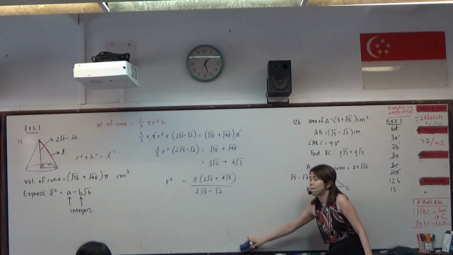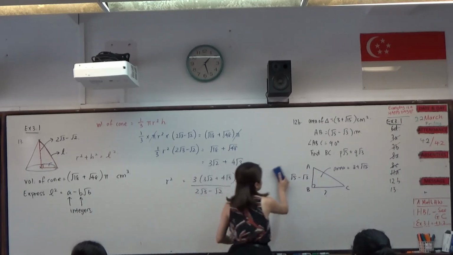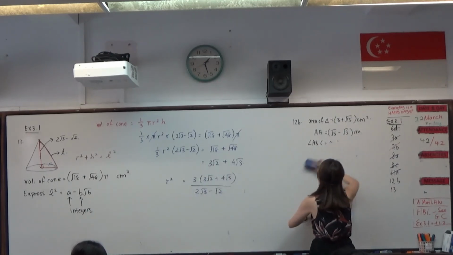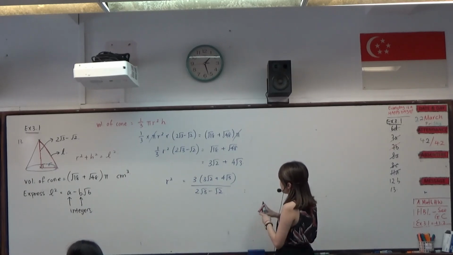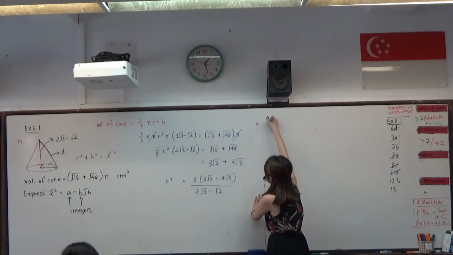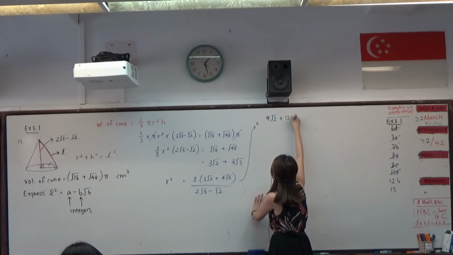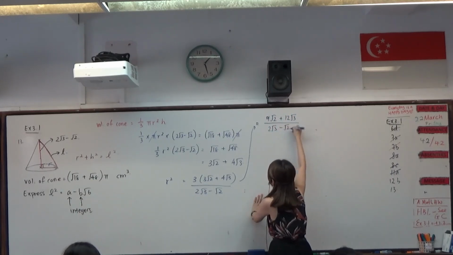Okay? Yes, just go and simplify this part first. So to simplify it, let me just expand the numerator first. I will get 9 root 2 plus 12 root 3 over 2 root 3 minus root 2.